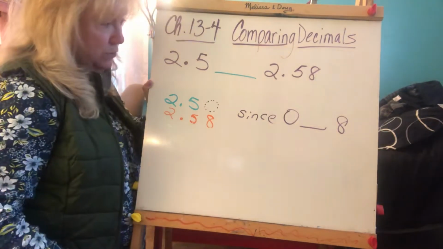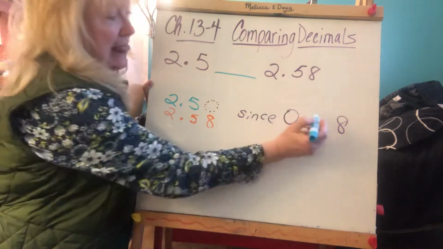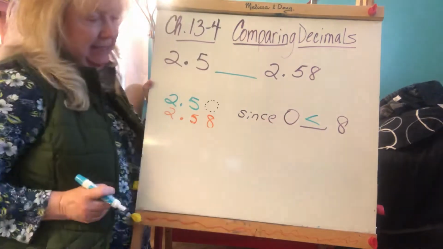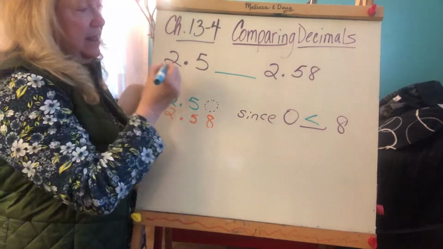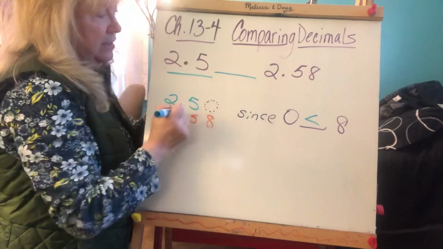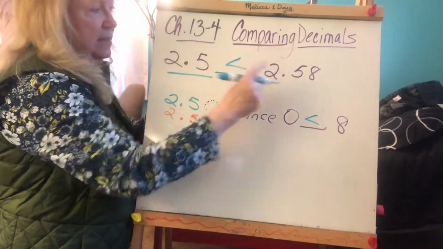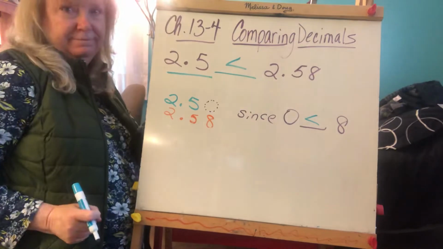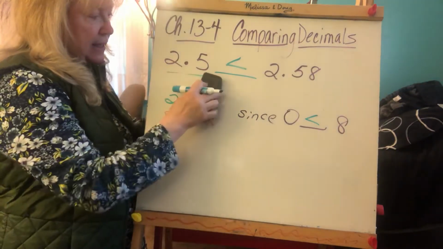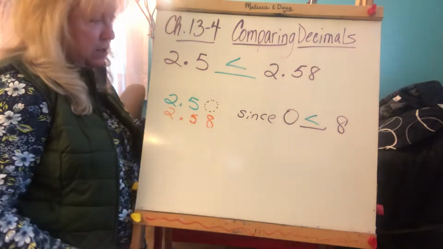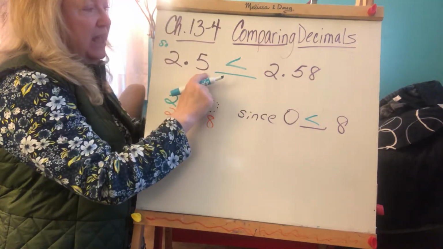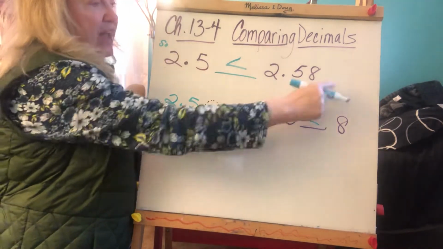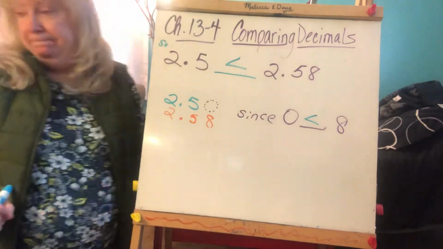Hopefully, you told me that it was less than 8. And since 0 is less than 8, that means this whole thing is less than that whole thing. Okay? So 2 and 5/10 is less than 2 and 58/100.